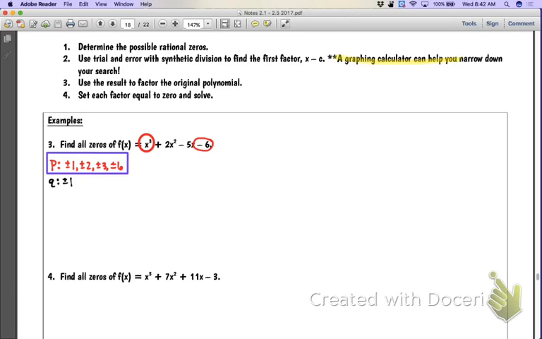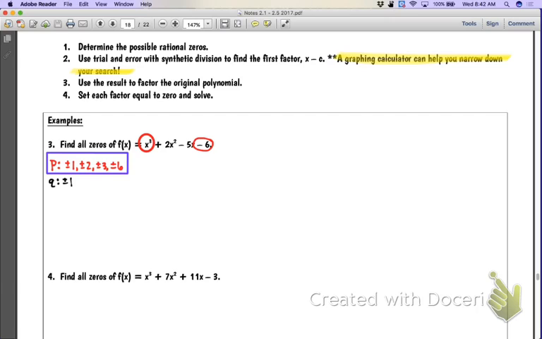Use a graphing calculator. You've got 4 different values. Whenever you figure in one's positive and one's negative, that's 8 different values. Do you want to try 8 different things to see where it's going to cross the x-axis?